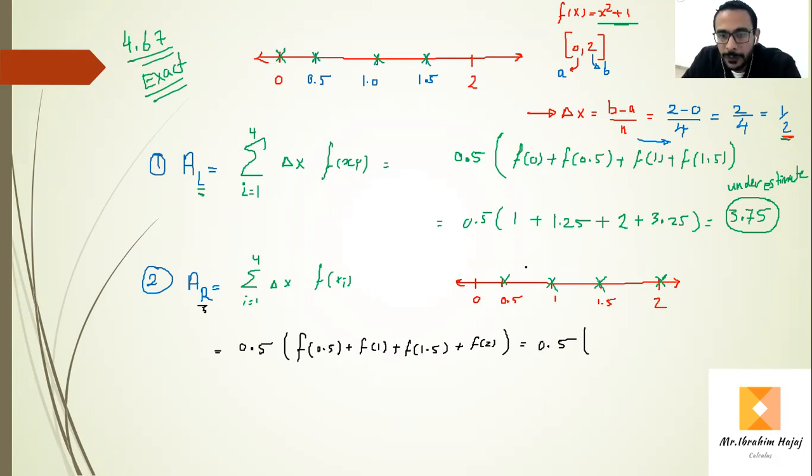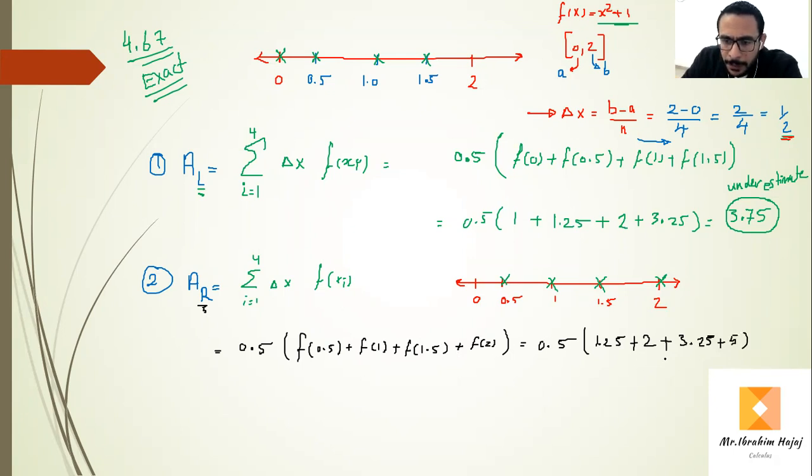Evaluate, guys. f of 0.5 is 1.25, plus f of 1, which we said is 2, plus f of 1.5, which we said is 3.25. I take the answers from here because we already calculated them before. And then f of 2, which is 5, right?